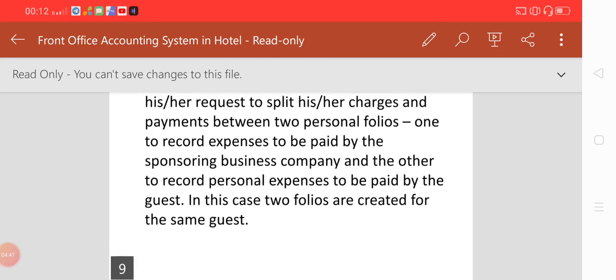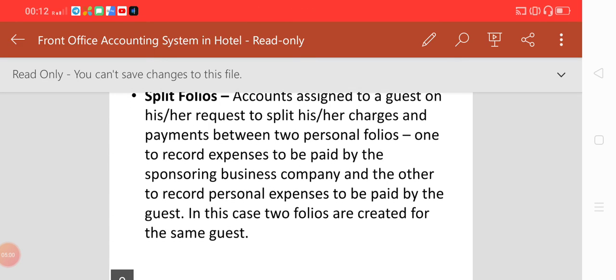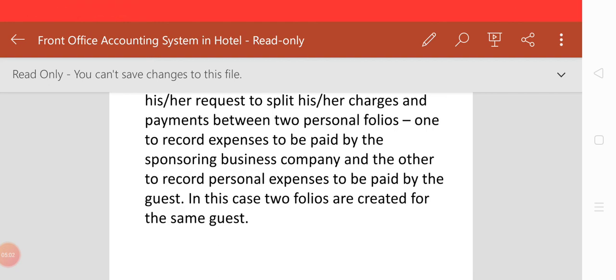If you want more detail about the split folio, suppose you are the guest of SBI Bank and they give only the accommodation and breakfast complimentary to you. In addition to that, you have taken maybe lunch and dinner, which is also posted in your account.